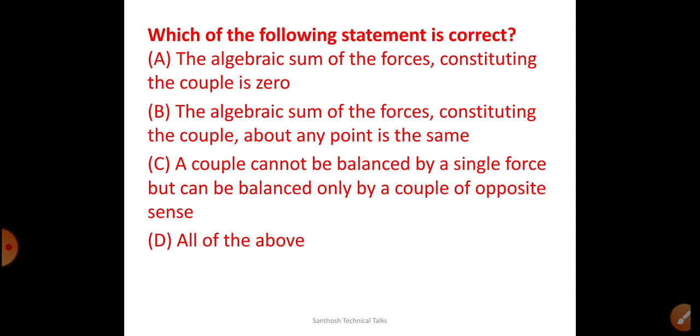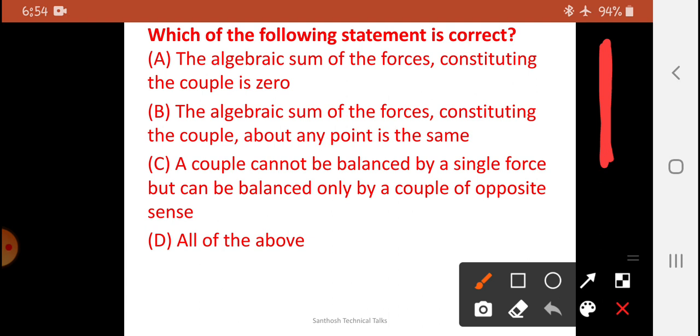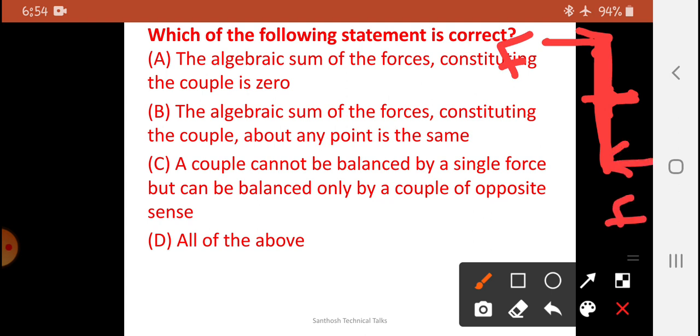Next, you can choose which statements are correct. First, the algebraic sum of forces constituting a couple is 0. Since you can take this as a rod fixed at the center, if there is a force F here, and both are in opposite direction with the same magnitude, the algebraic sum of the forces is equal to 0.